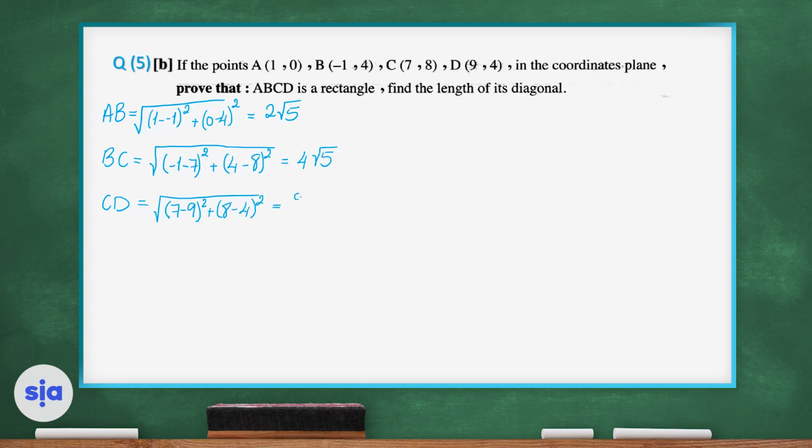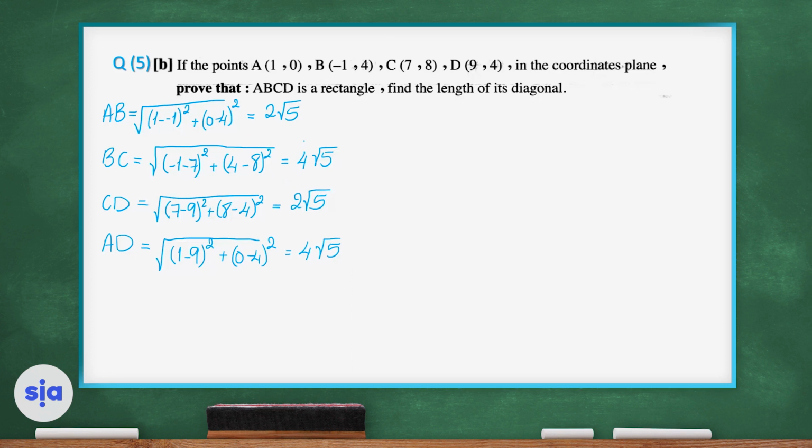That will be equal to 2 square root of 5, where the length of AD equals square root of 1 minus 9 all squared plus 0 minus 4 all squared, and the length of AD in this case will be 4 square root of 5. As you can see here, every two opposite sides are equal in length, as AB is equal to CD and BC is equal to AD.